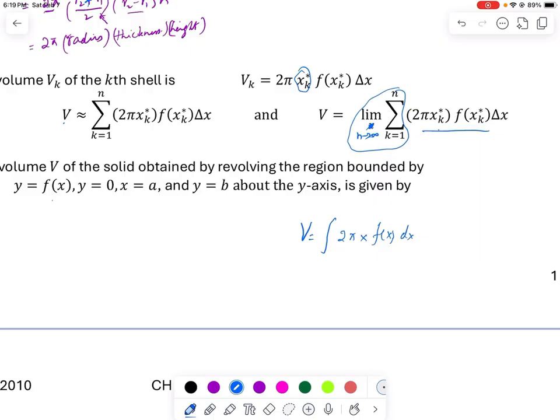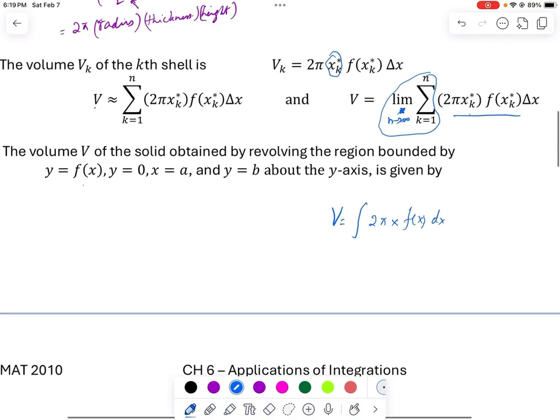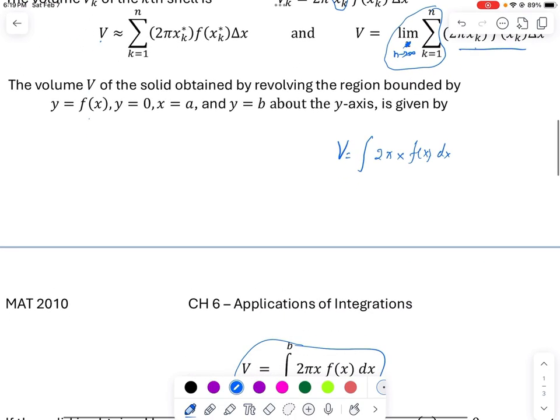So the important thing to remember here is that when you get your solid by revolving the region about the y-axis, then your integral will be in terms of x, or you will be integrating with respect to x.